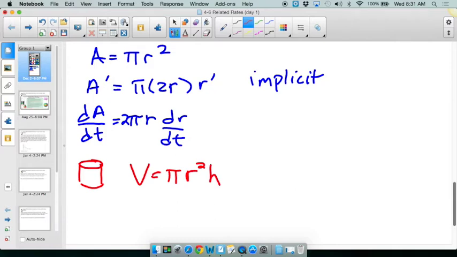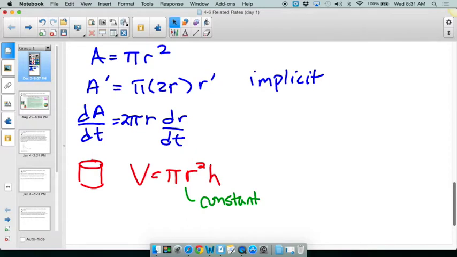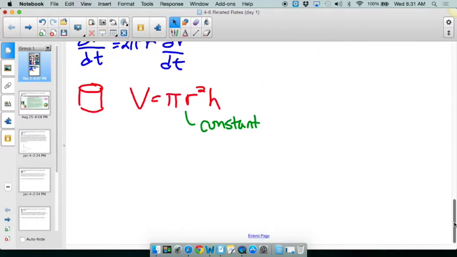It doesn't change. So when we take derivatives, that is a constant. When we take derivatives, the radius is a constant. That radius is the same no matter how filled up that cylinder is.